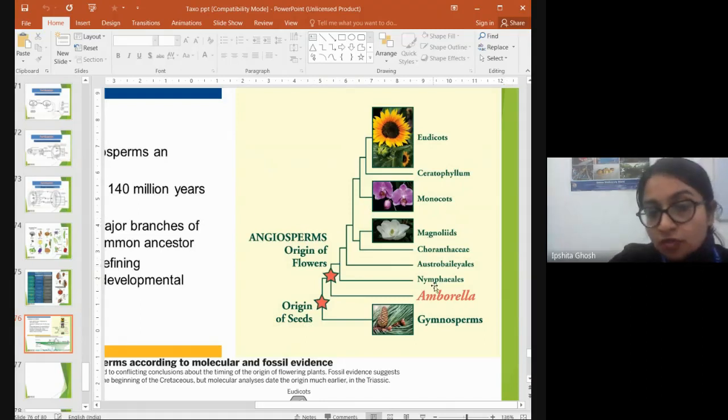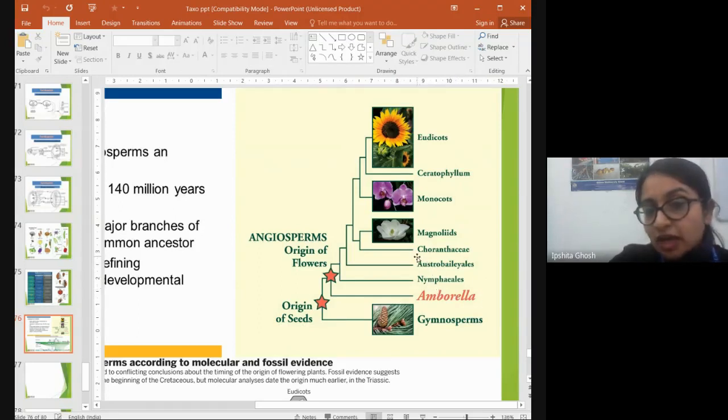Some of the earliest or primitive angiosperms are Amborella. Amborella is a connection between the gymnosperms and angiosperms. It's one of the most primitive angiosperms, so you can remember this name, Amborella.